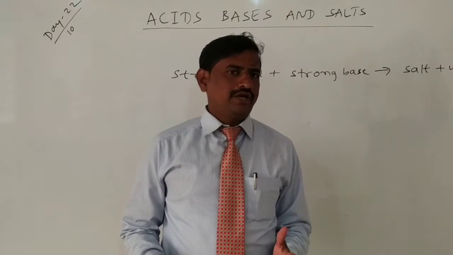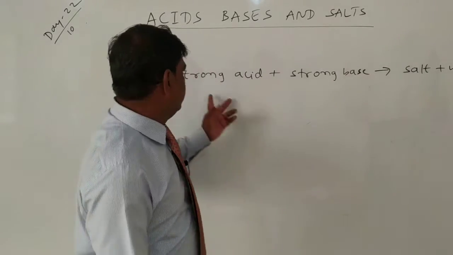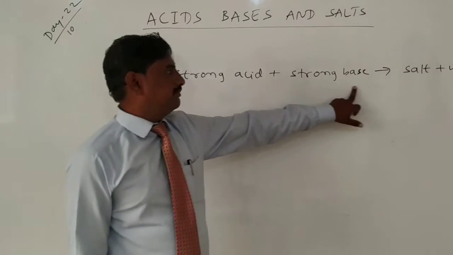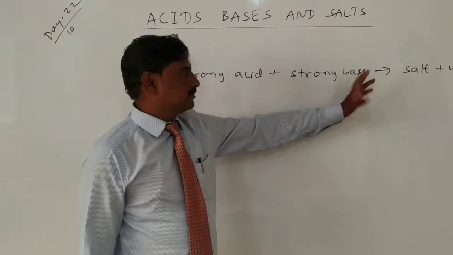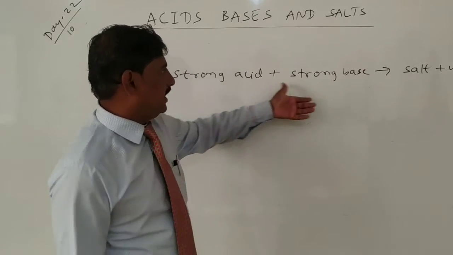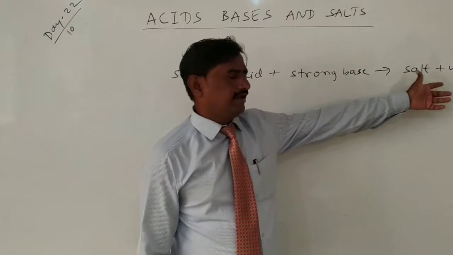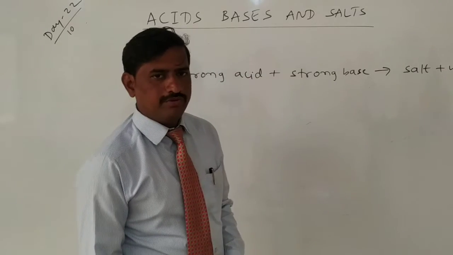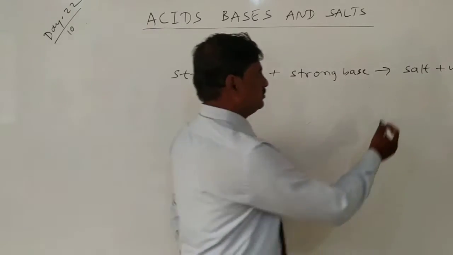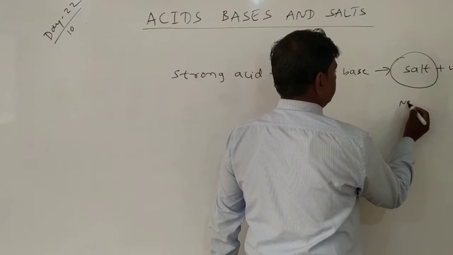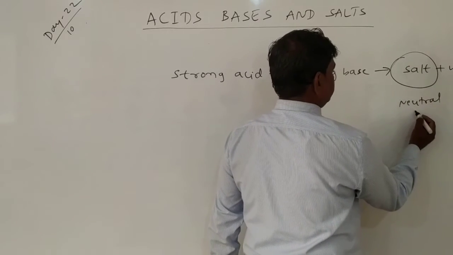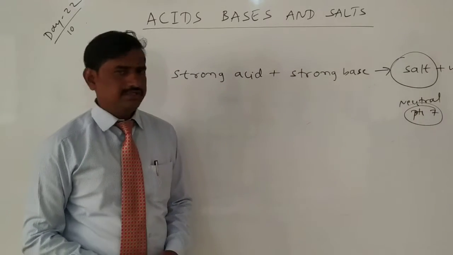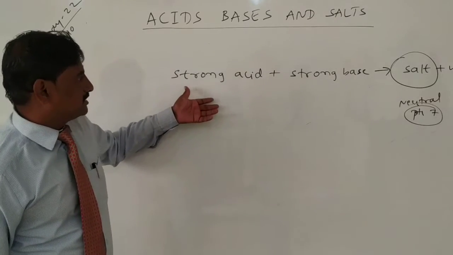For a strong acid, the pH value is near 0, and for a strong base, the pH value is near 14. The salt obtained from a strong acid and a strong base is neutral, which means the pH value is approximately or exactly 7.